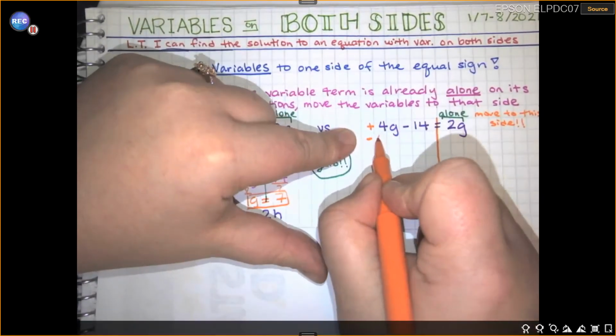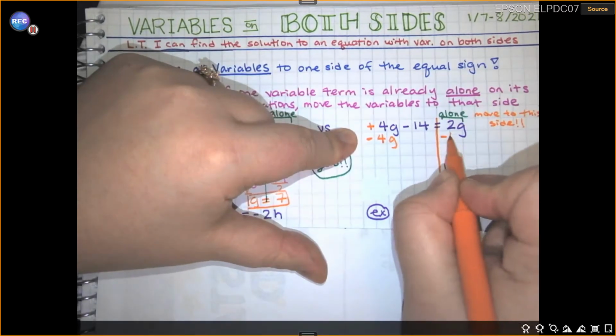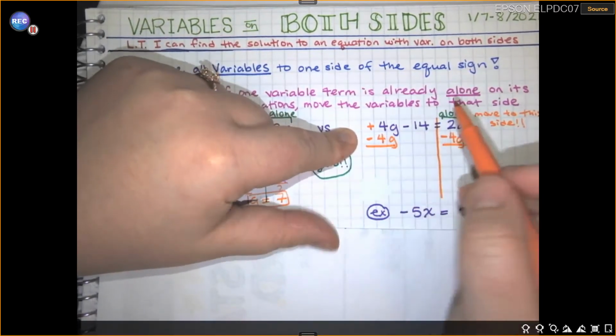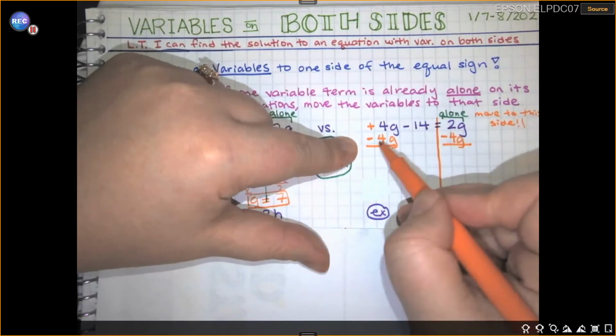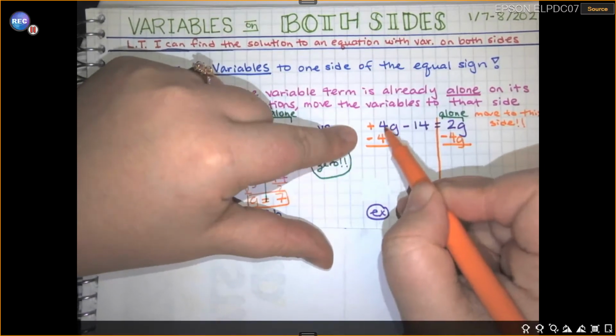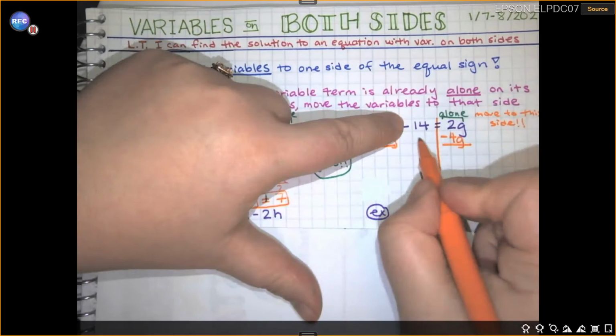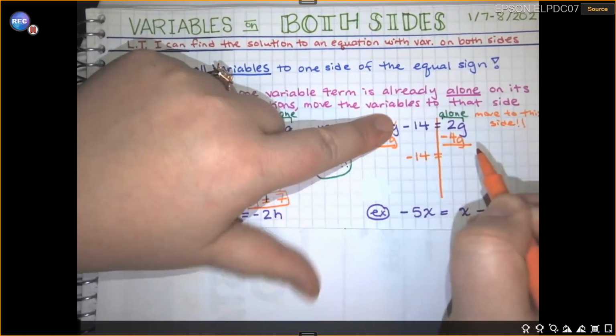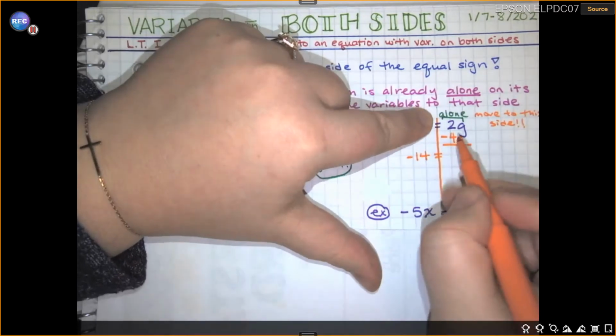So subtract 4g, minus 4g. I realize that 4G is like a network. That's why it sounded familiar. So that is gone, right? We just have the negative 14 equals. And then again, feel free to use a calculator.